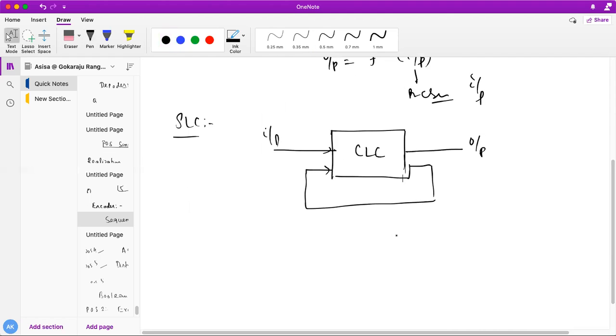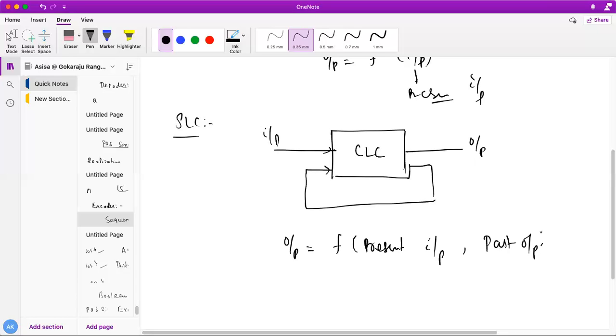So here the output depends upon the present input as well as the past output. Let's say the previous input is x1, and I get output y1. So this is my previous input and this is my previous output.